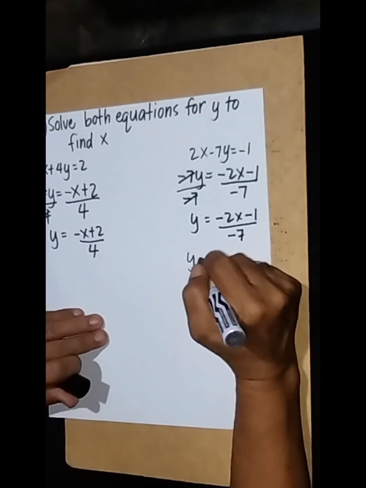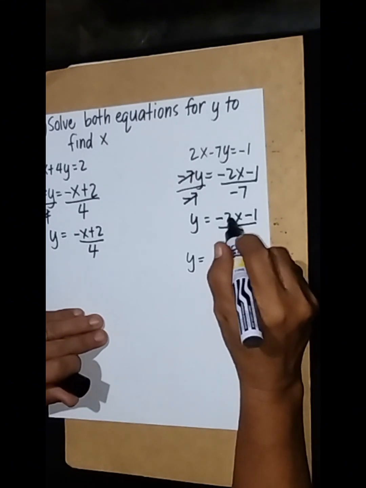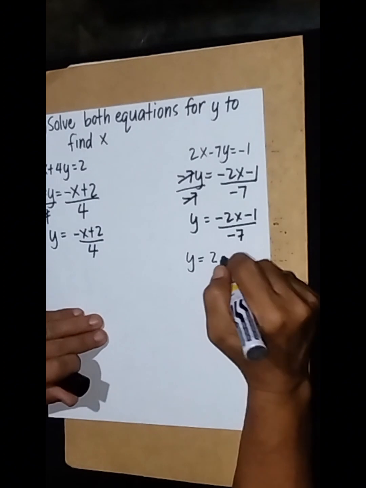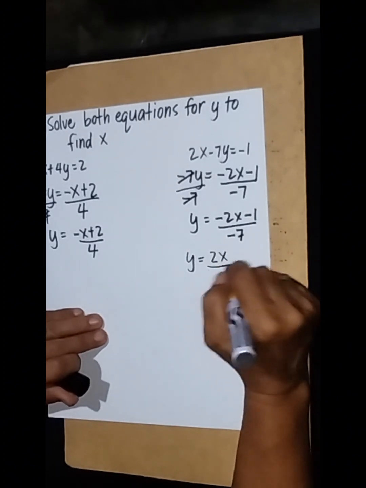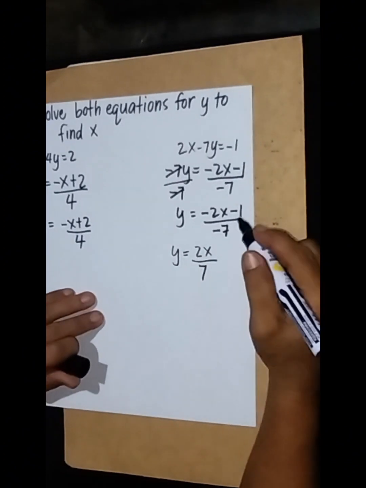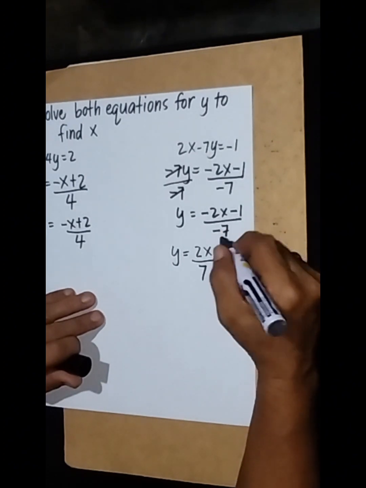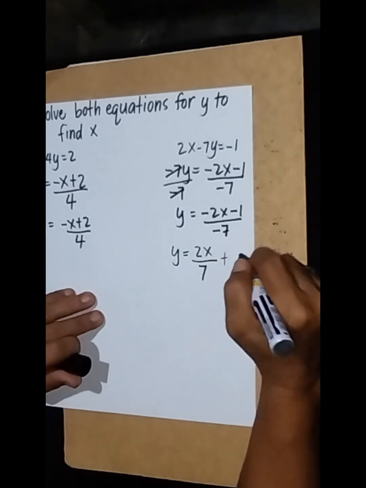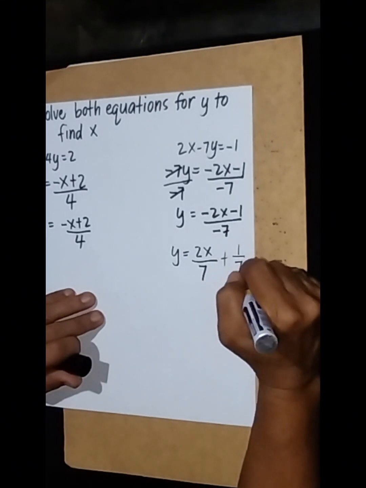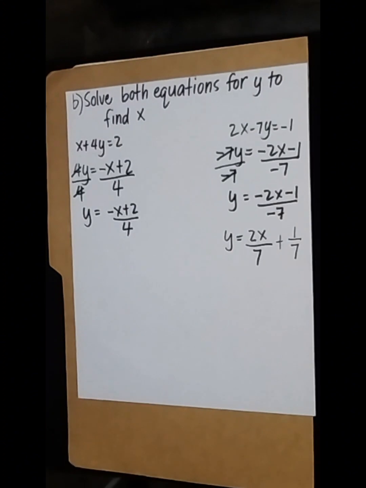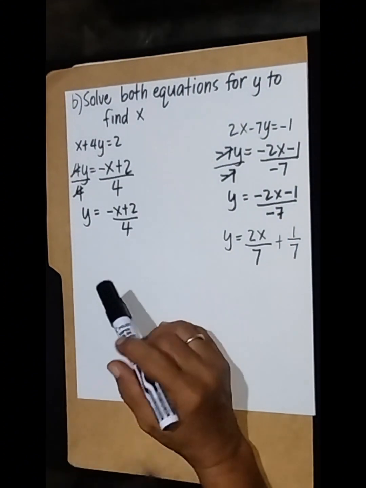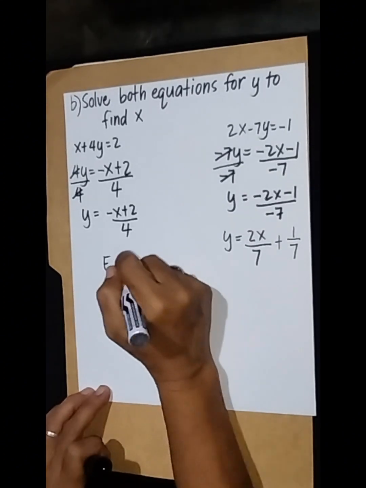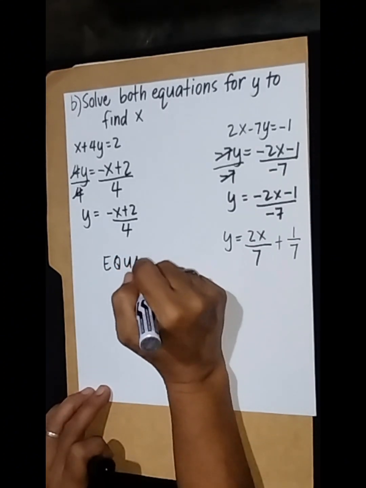Or y is equal to negative 2x divided by negative 7 is positive 2x over 7. So, negative 1 divided by negative 7 is positive 1 over 7. So, since both are equal to y, we have to equate. Again, we have to equate.